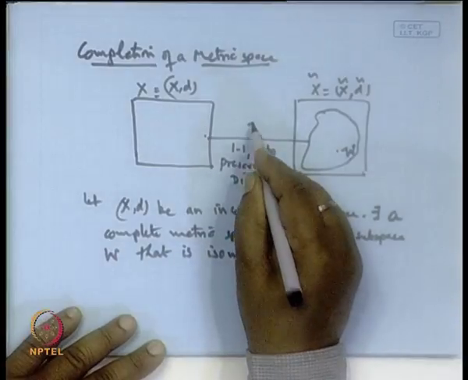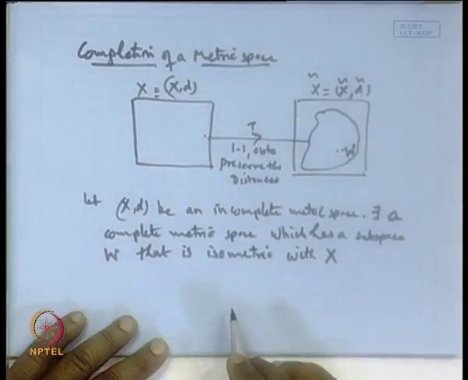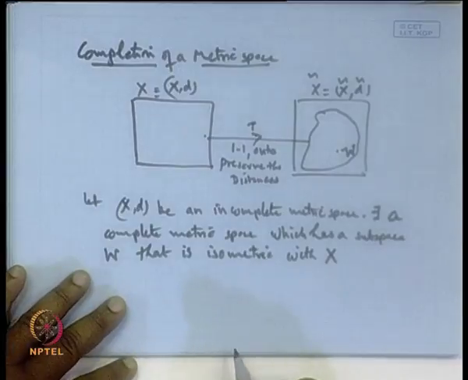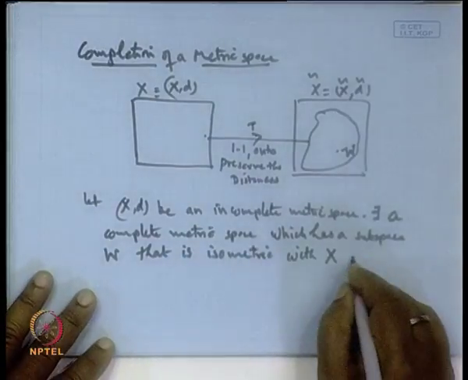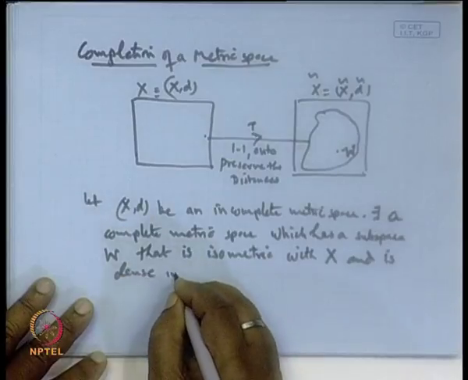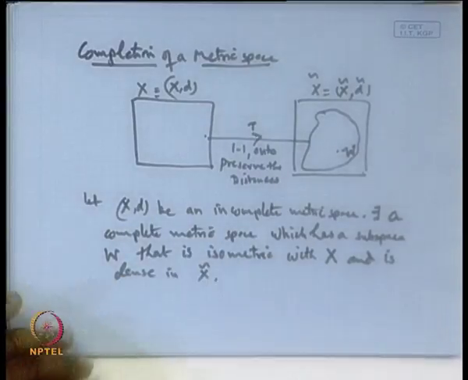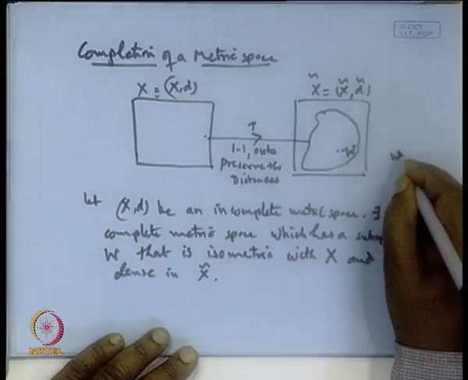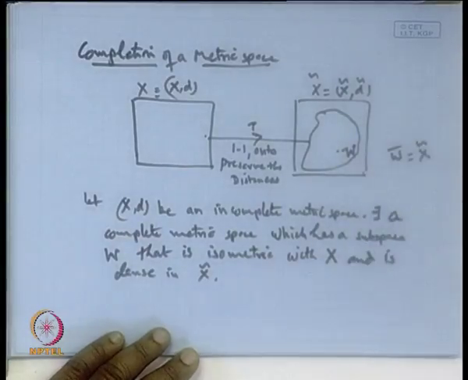W is isometric with X and is dense in X delta, that is, W bar is equal to X delta.